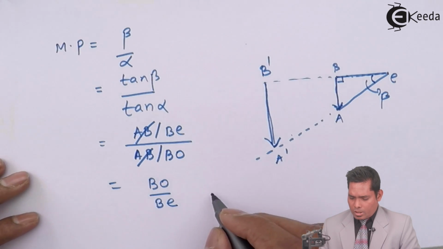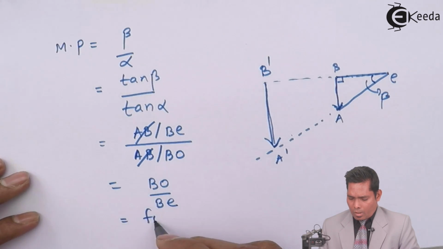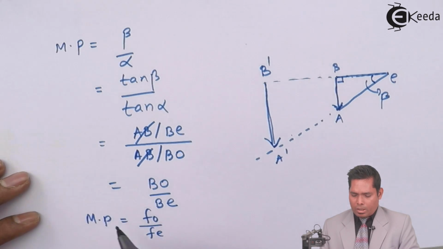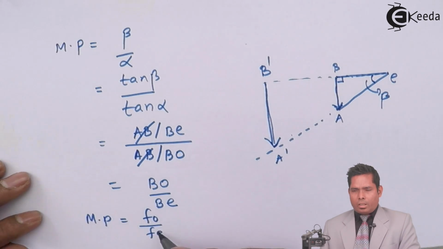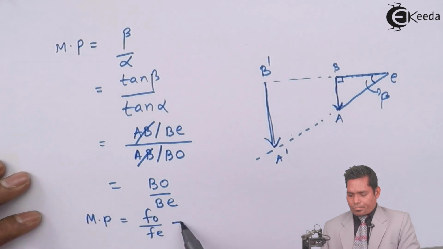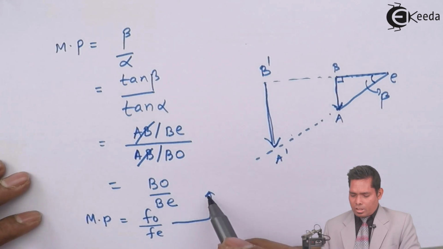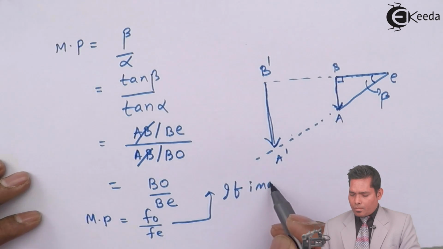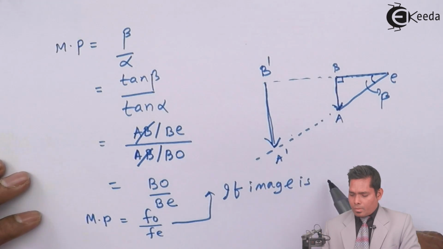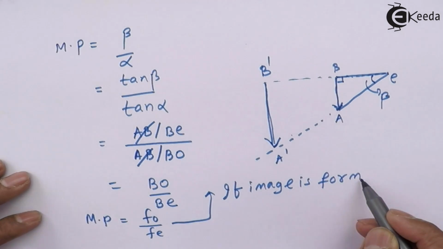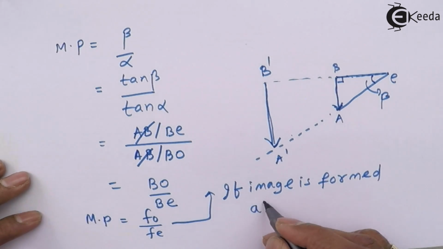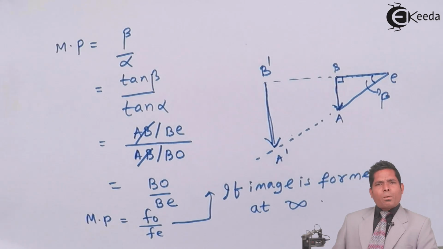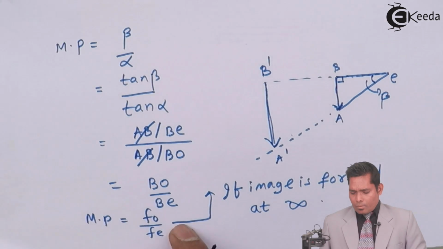So this is FO upon FE. So magnifying power is phi, in case of image, this is the case of magnifying power if image is formed at infinity. If the image is formed at infinity, then this is the case.